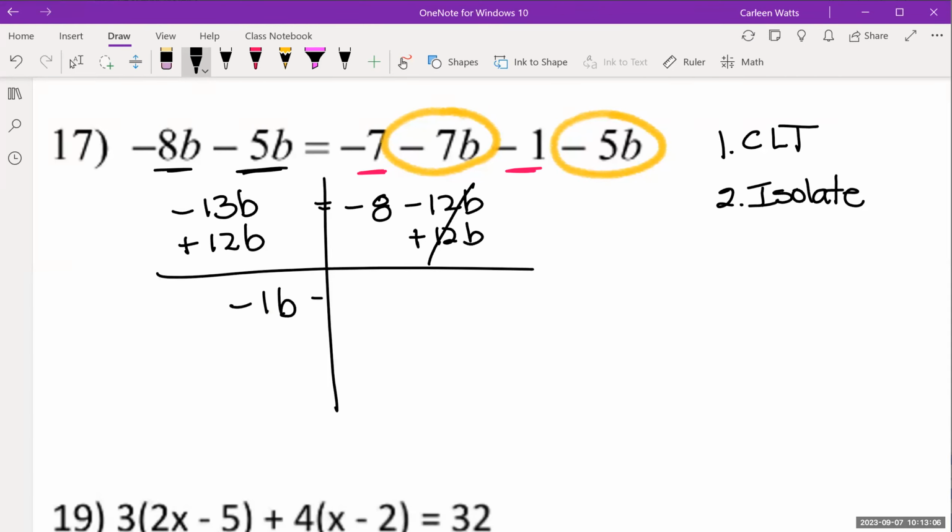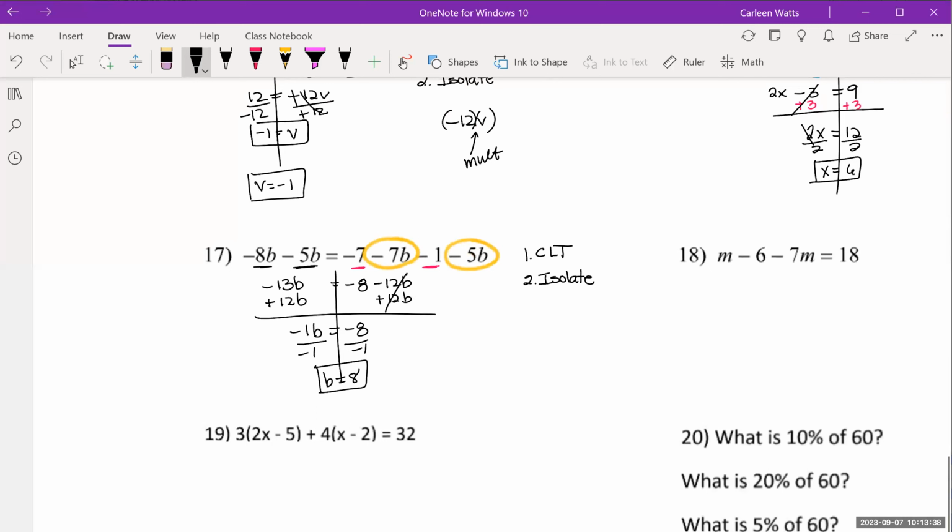Negative 1b is equal to negative 8. Last step, divide by negative 1. b is equal to 8. Correct. Okay, combine like terms, isolate your variable. Common theme.